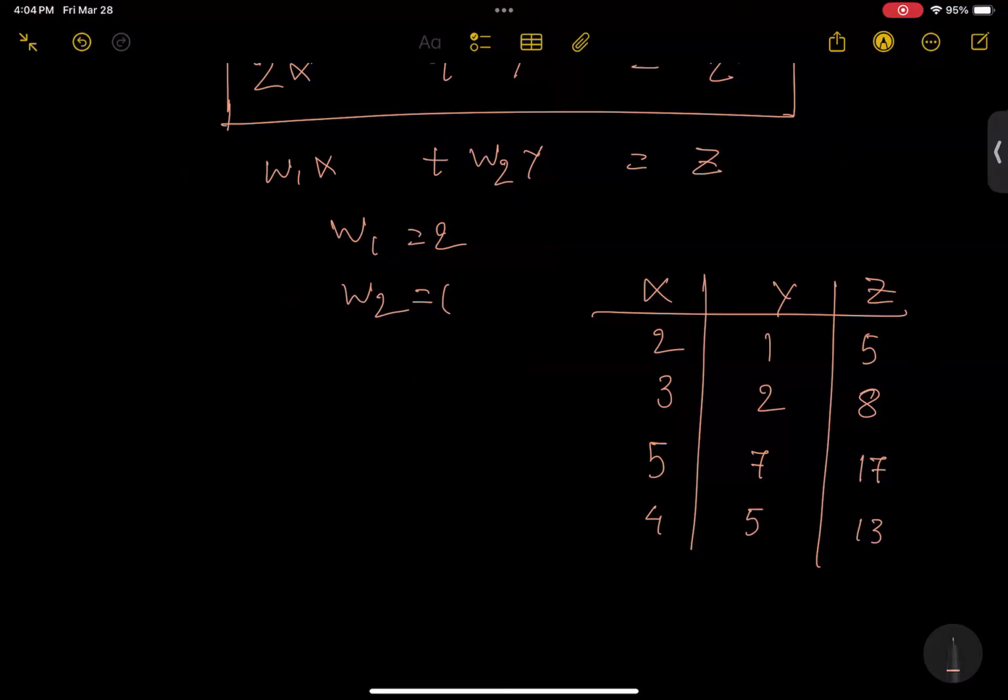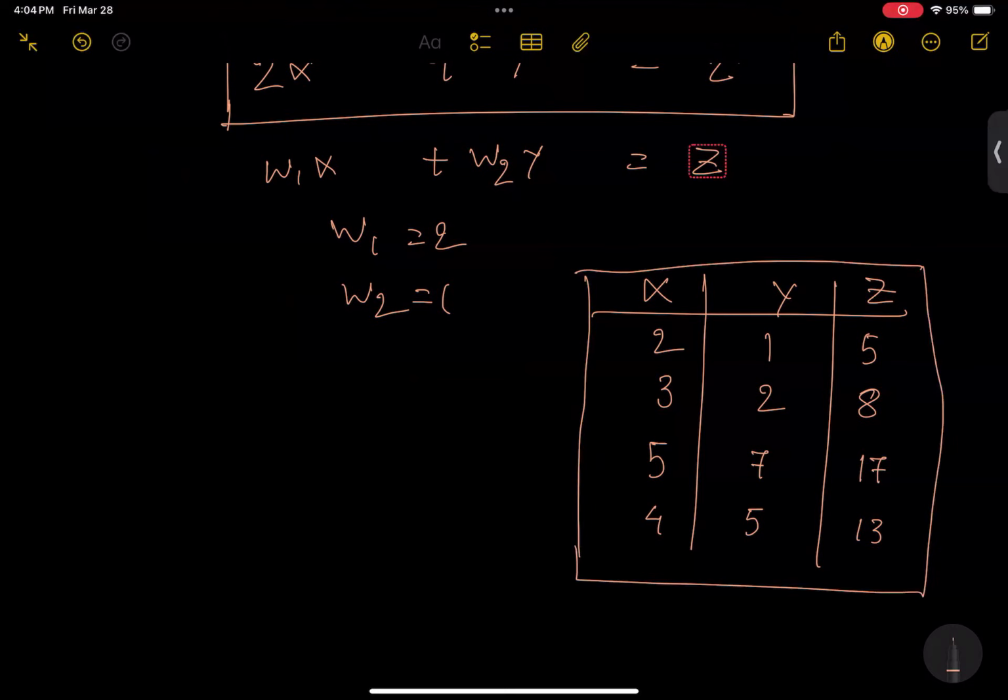13. Right. So say this is the data that has these two columns as input and this as output, correct?